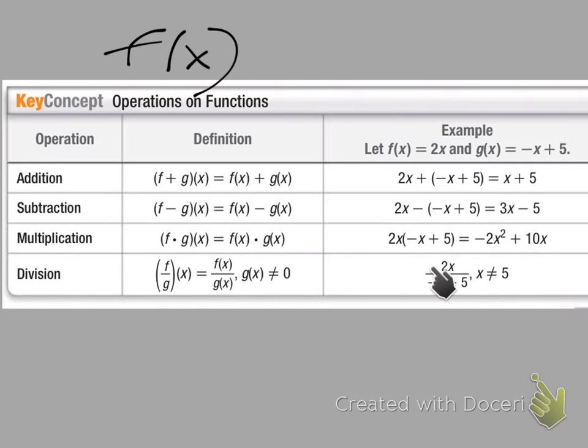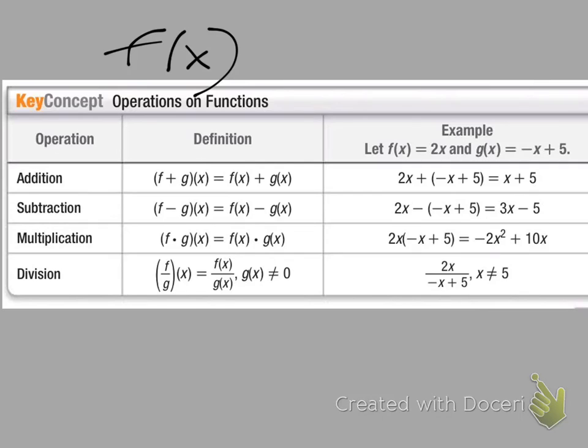So if you look to the right side with the example they give you, you do 2x over negative x plus 5. That's all you do. You literally put one on top of the other. That's the easy part. You have to remember to figure out what your denominator can't be. What number can you not put into that new function that will give you 0 in the denominator?